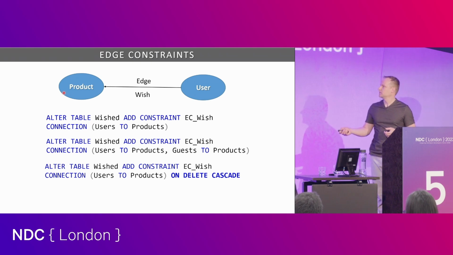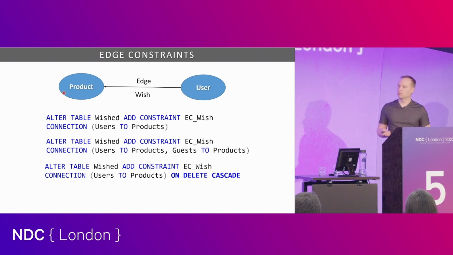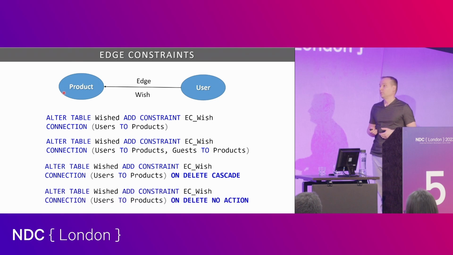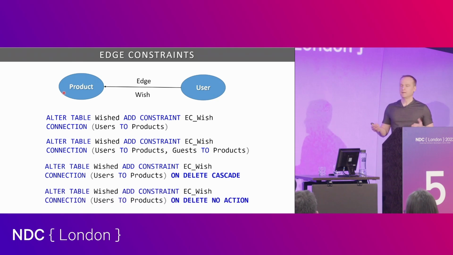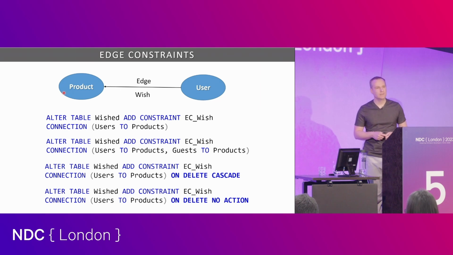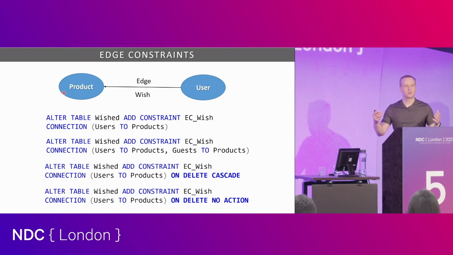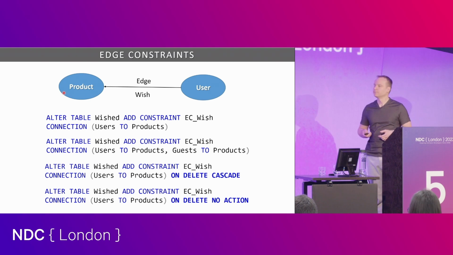For example, if my user 1 disappears, somebody deleted it, all the relations will be deleted automatically in SQL Server if you use ON DELETE CASCADE. Or if you don't want anyone to delete anything, you can say ON DELETE NO ACTION, and that means they cannot delete anything if there's a relation between two entities.